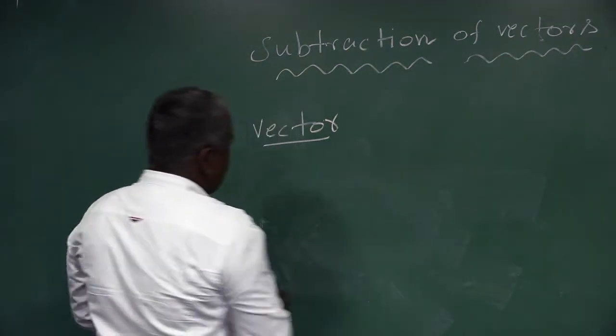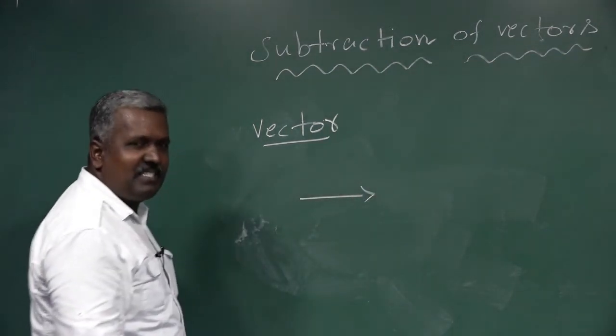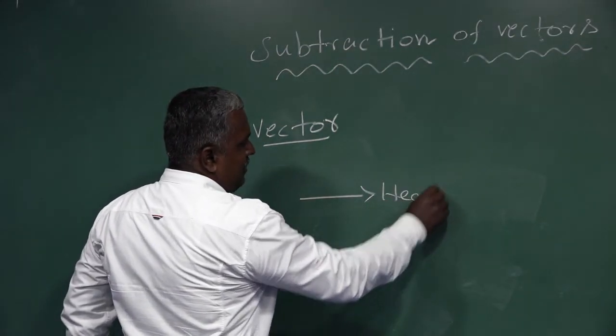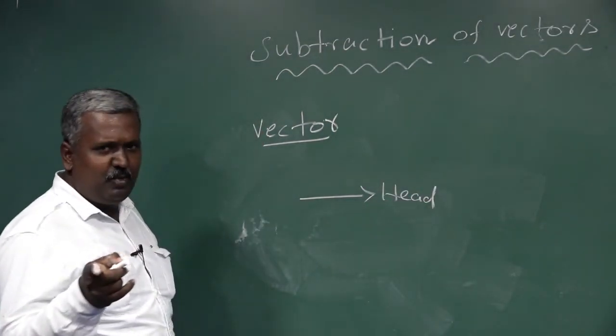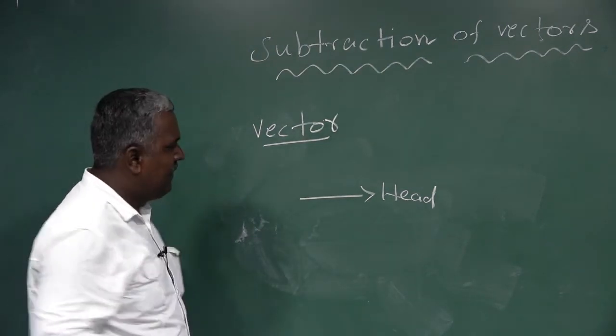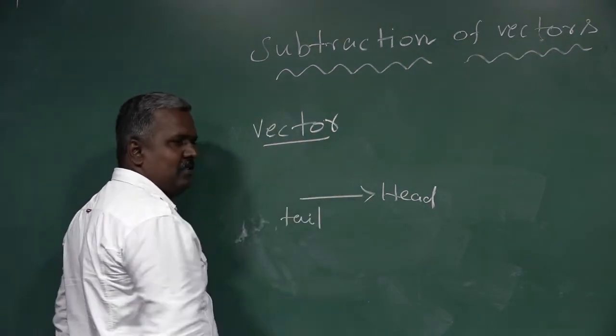Here, this is the geometrical representation of vector. This is the head, as you already studied in previous classes. This is the tail. This is head, this is tail.